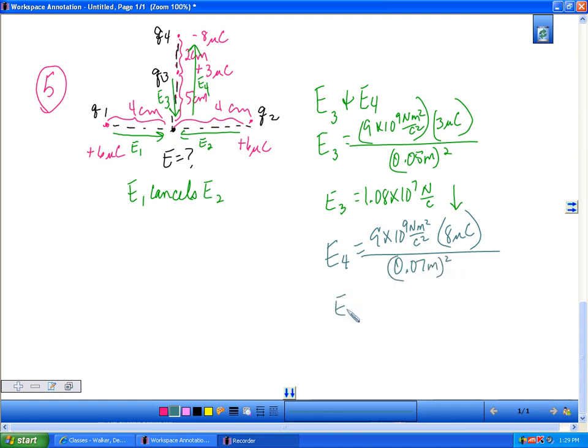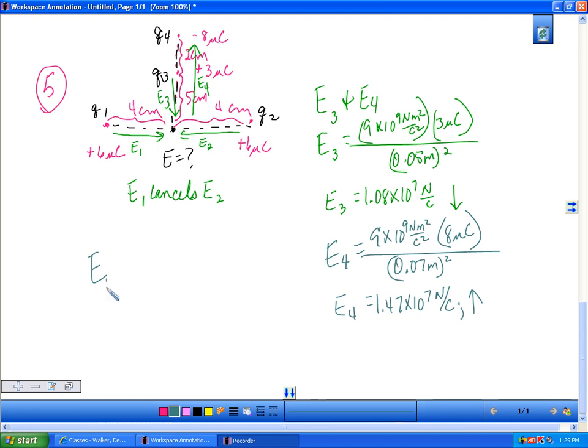So E4 is going to be 1.47 times 10 to the 7th newtons per coulomb, and it's going to be headed upward. See it right there toward the negative.